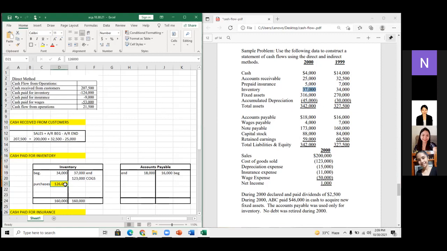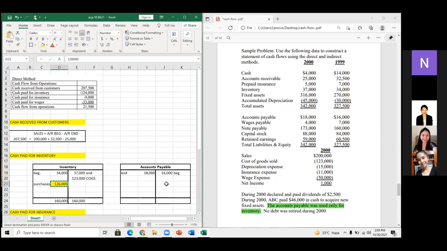Sabi sa problem, yung accounts payable daw is ginamit for inventory only. So meaning yung cost dito sa purchases is ililipat natin siya sa accounts payable.